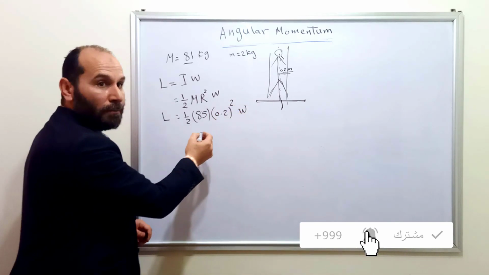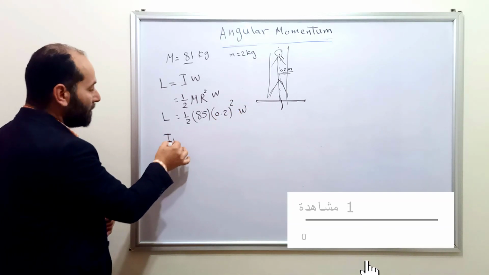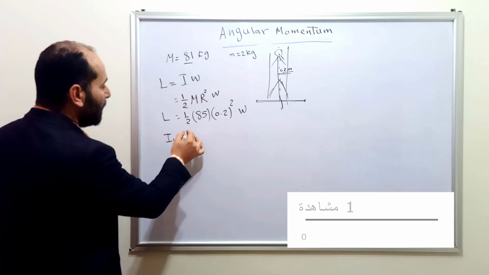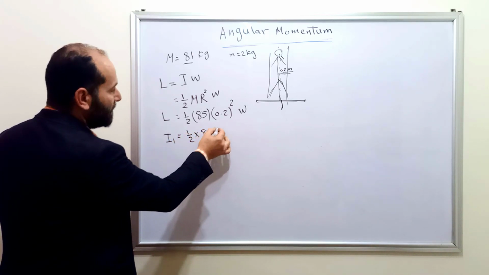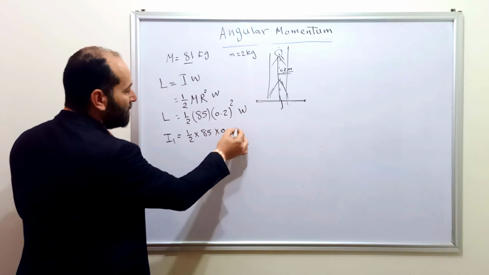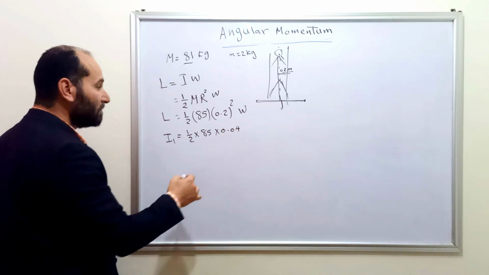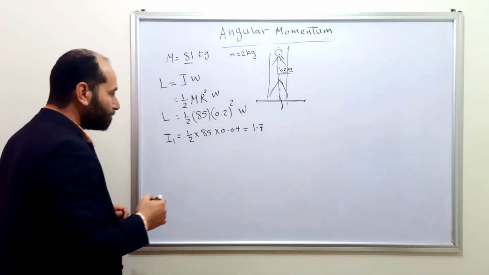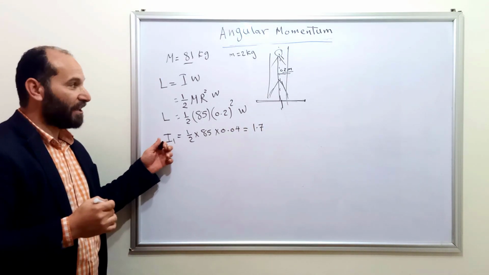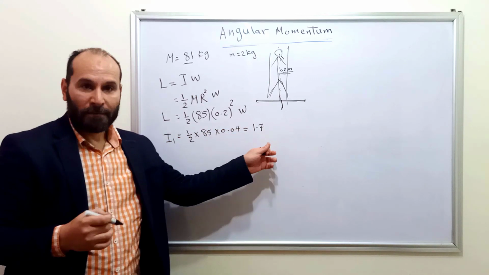So the inertia I1 equals half times 85 kilograms times 0.04. This equals 1.7. The moment of inertia here equals 1.7.